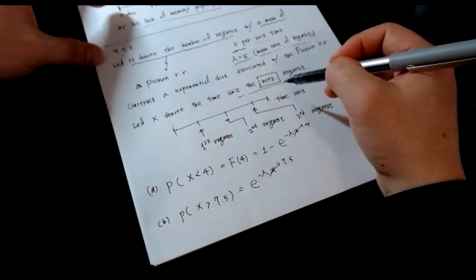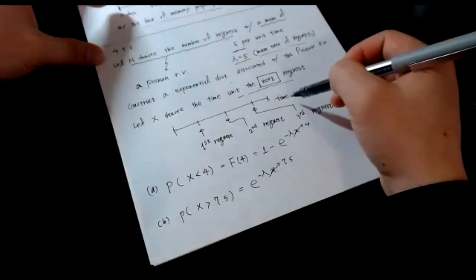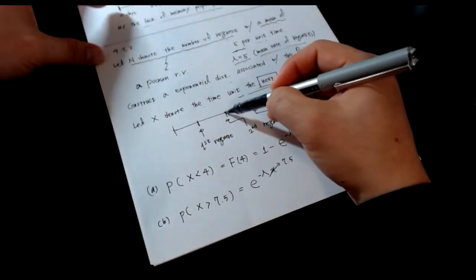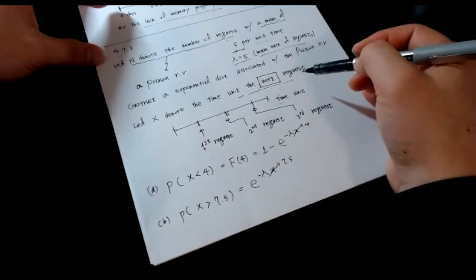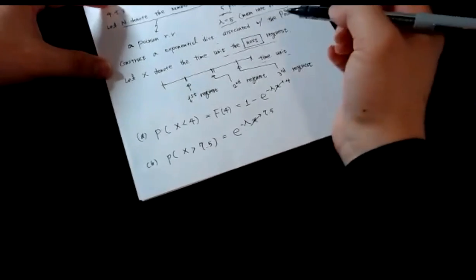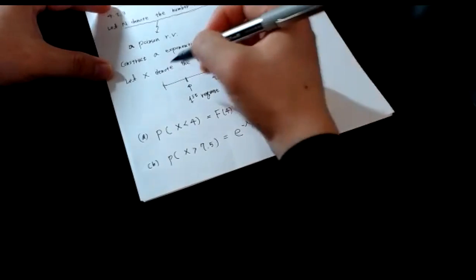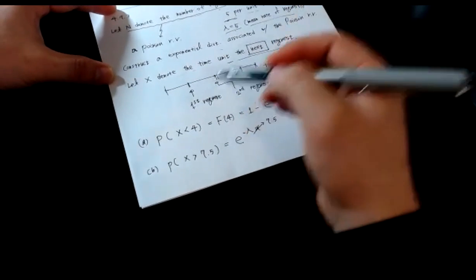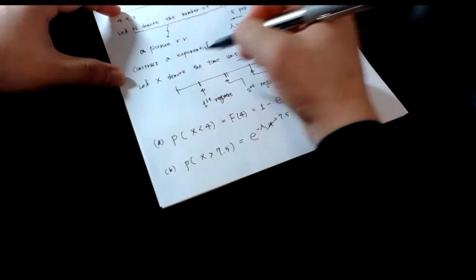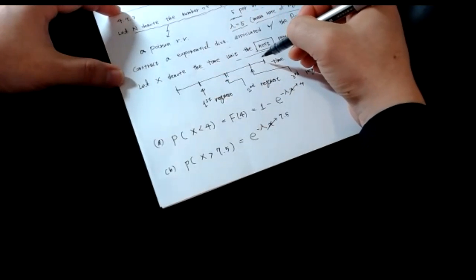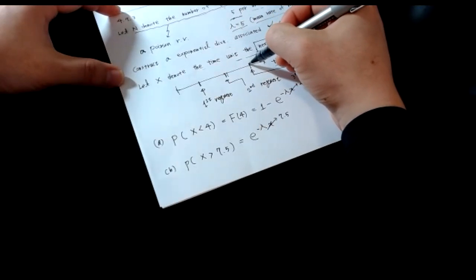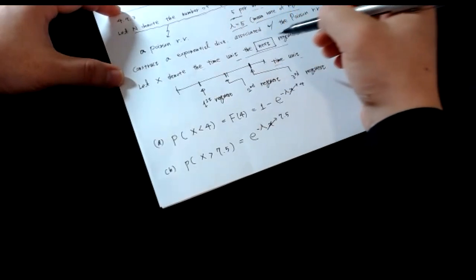The unit is a certain time unit: first request, second request, third request, and it just keeps going. Then we want the probability that X is up to right there.